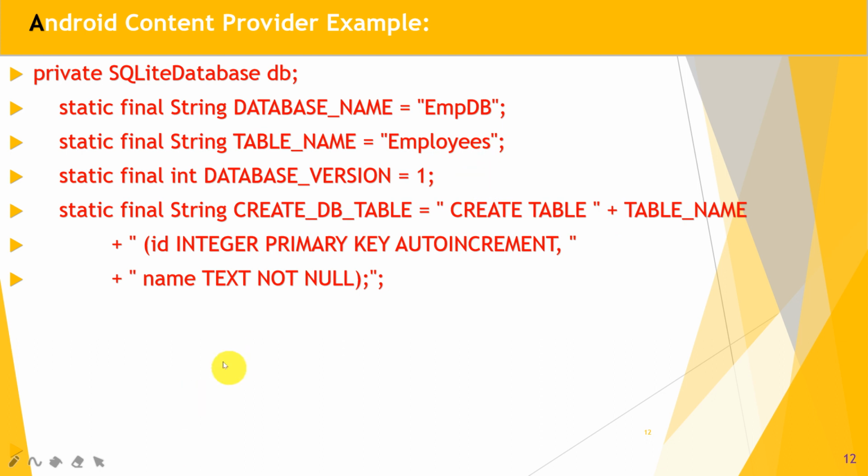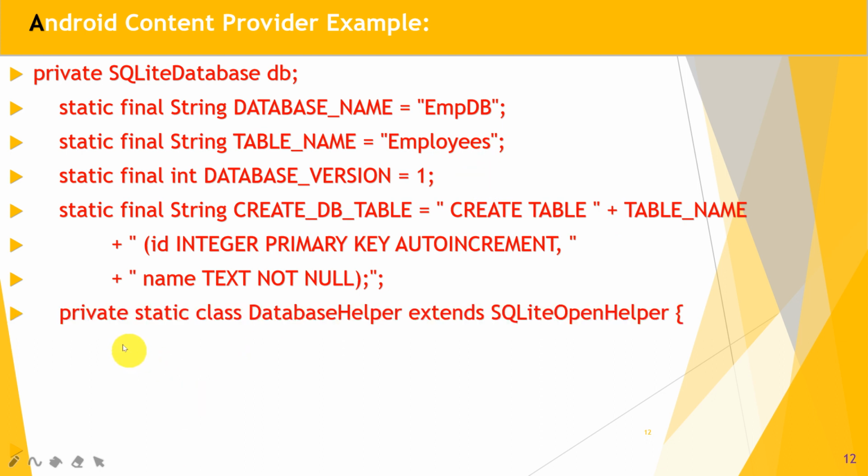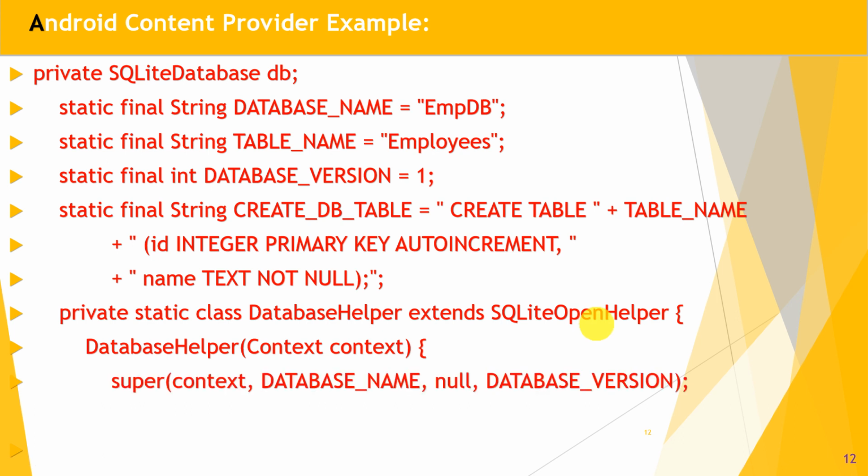Great. So here we have to create one static class, DatabaseHelper, which extends the SQLiteOpenHelper class. It implements its constructor, which automatically creates the database because it calls the super class constructor, that is SQLiteOpenHelper, and it creates the database first.